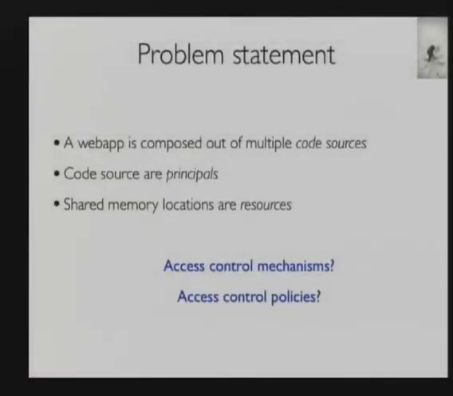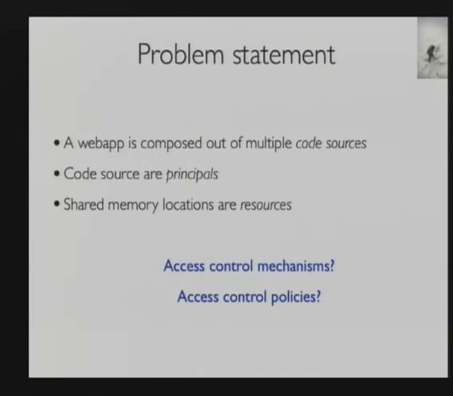And probably CNN is more trusted than the ads. And the resources in this system are all the shared memory locations. So all of the objects that are created by JavaScript: CNN is creating some JavaScript objects, the ads are creating some JavaScript objects, and these can be shared. So that's the resource that we want to control access to.